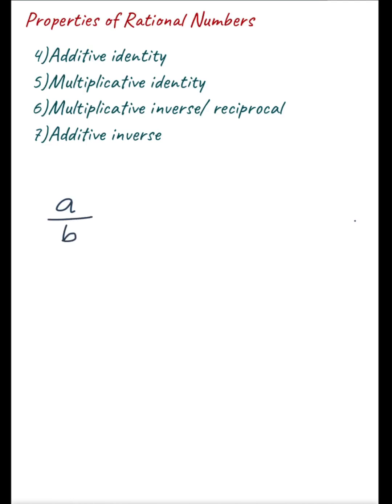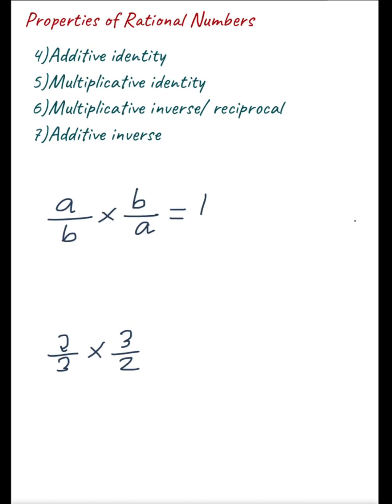Suppose a by b is a rational number, for example 2 by 3. When I am multiplying it with b by a, or suppose I am multiplying 2 by 3 into 3 by 2, then what will be the result? You know that the result will be 1, isn't it?